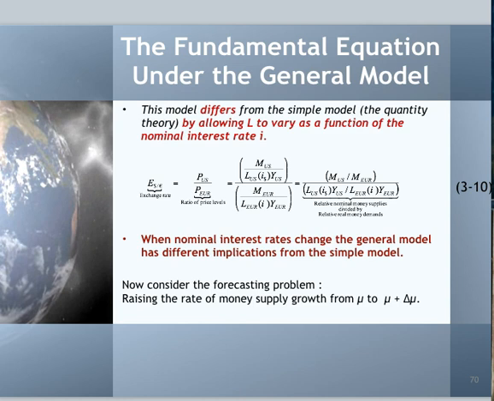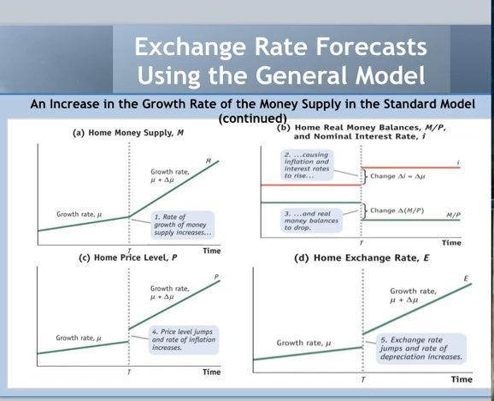So finally, we represent that on the graph in panel D, showing that the exchange rate jumps and the rate of depreciation increases. And so we see the rate of depreciation increasing by this changing slope, and we see that the exchange rate jumps as a result of this continual increase in the money supply.